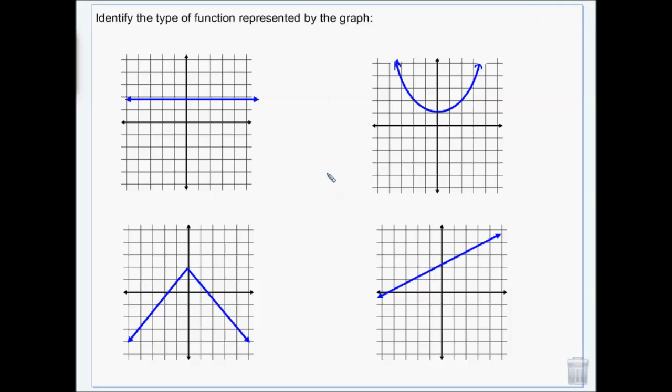First thing is identifying the type of function. Well, if you want to identify the type of function, we look at the picture. This is a flat line, so this is a constant function.